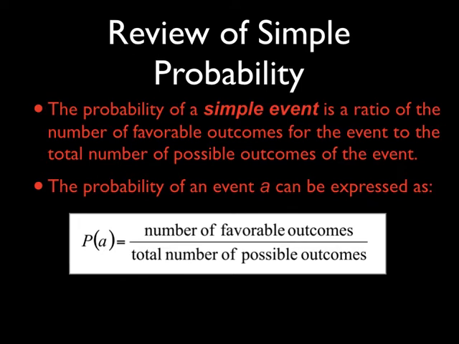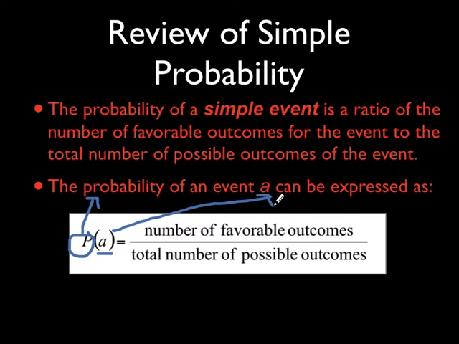first. So the probability of a simple event is a ratio of the number of favorable outcomes for the event to the total number of possible outcomes of the event. That means the probability of an event A can be expressed as P of A. The P stands for the probability, and A stands for event A, which is a specific situation.